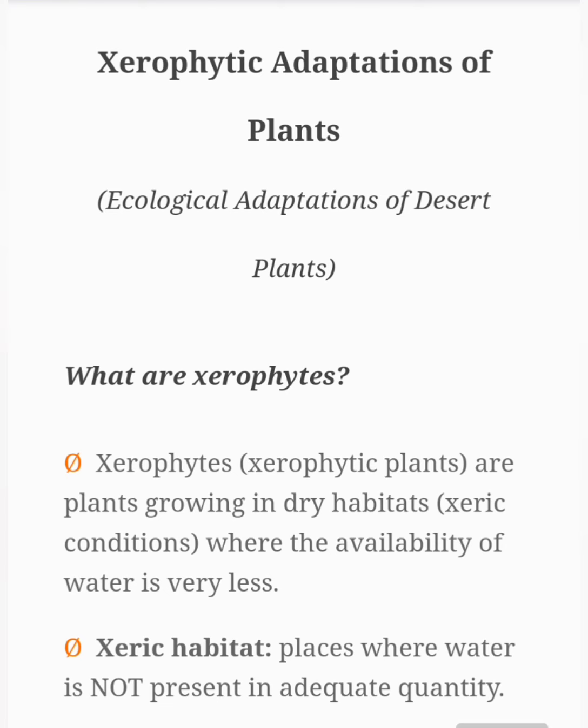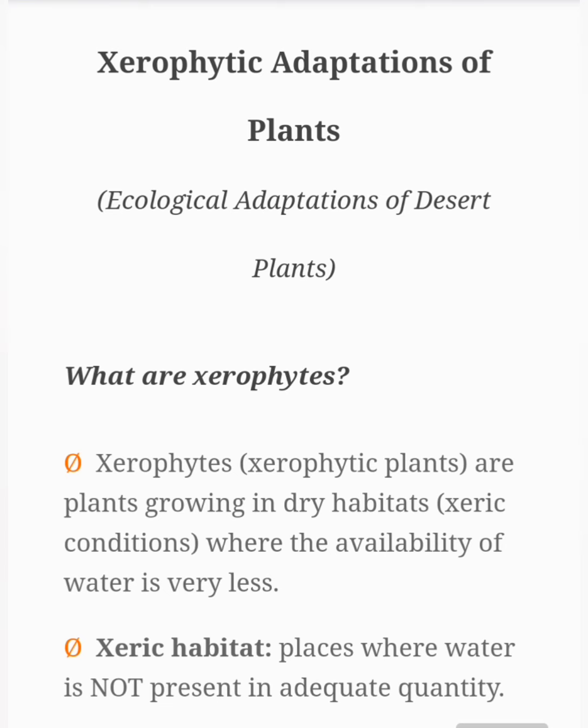Whereas hydrophytes grow in wet places or in water, either partially or completely immersed inside water bodies. So today we are going to see the ecological adaptations of the xerophytic plants.